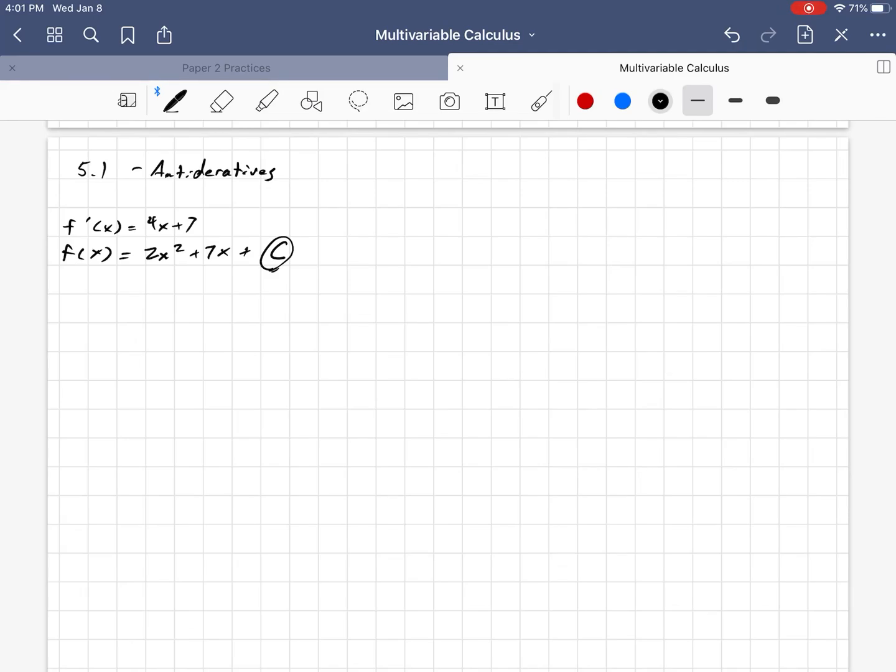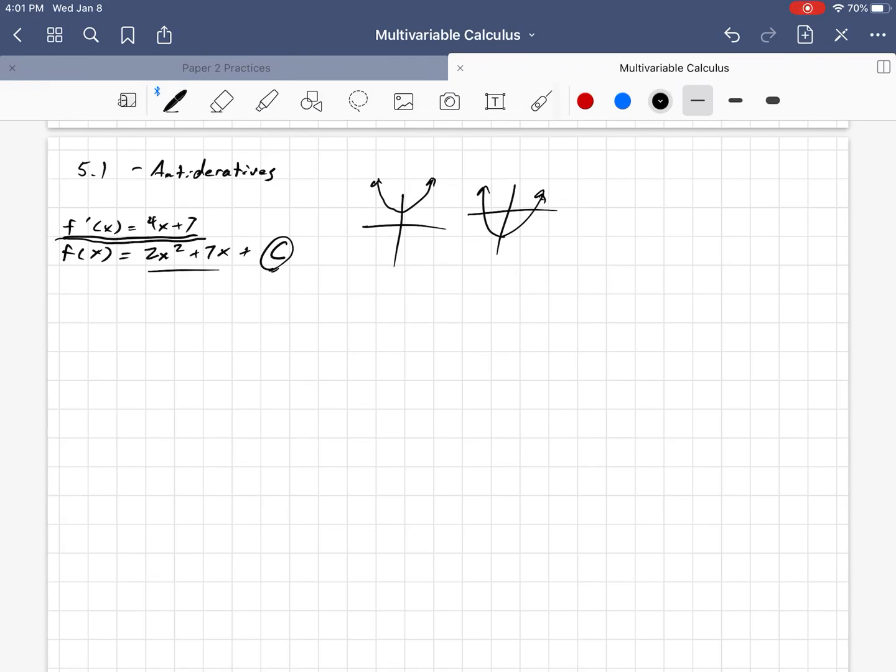And if it's not clear why you add c, think of it like this. If I've got this function here, which is really a parabola, and it goes something like this, maybe, it opens up. Now, I know that this function gives a slope, and I also know that if I shift this function up or down, maybe if I shift it down here by subtracting some constant, its slope, in other words its derivative, won't change.